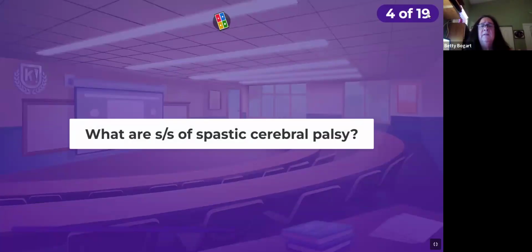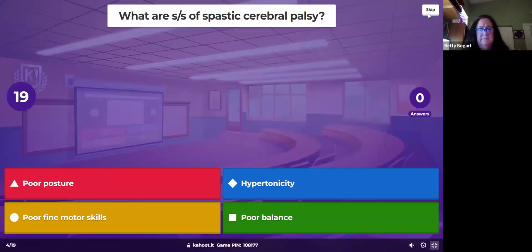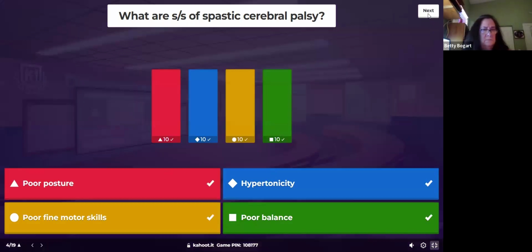What are signs and symptoms of spastic cerebral palsy? So it's a little bit of everything. You're going to have poor posture, hypertonicity, poor fine motor, poor gross motor, poor balance, all of the above. Yes, very good.